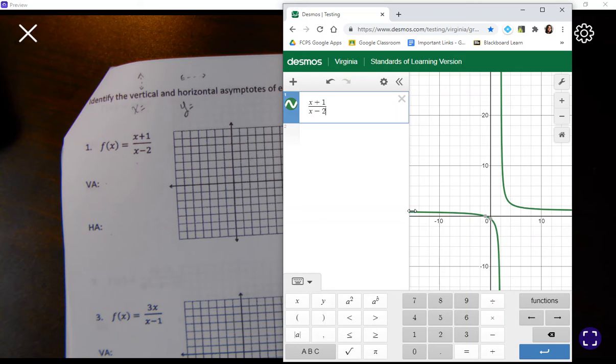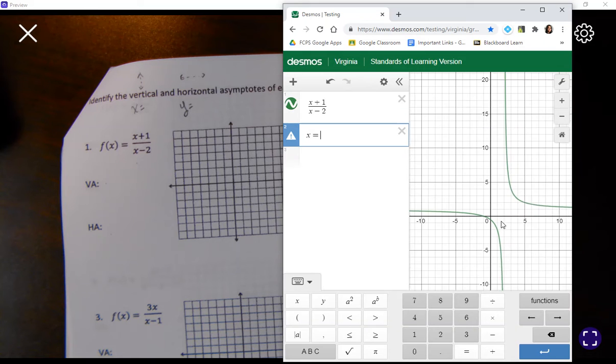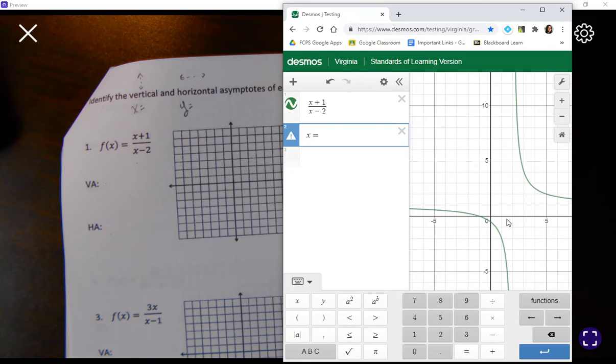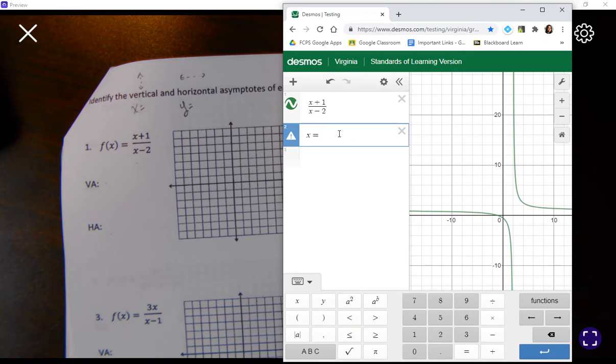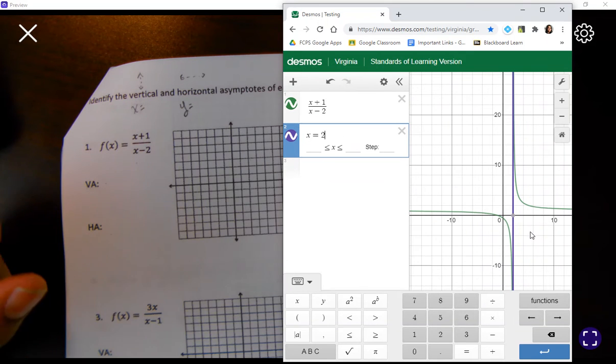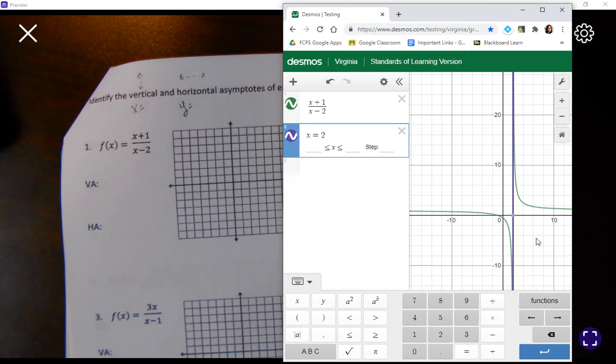So we're going to look for the vertical asymptote, the one going up and down. I like to just put x equals, and then you can just kind of guess. Well, I'm thinking it's x equals 2 right here, and you can just graph it, x equals 2, and see how it's right in between these two parts of the graph. And so that is my vertical asymptote, which is x equals 2.